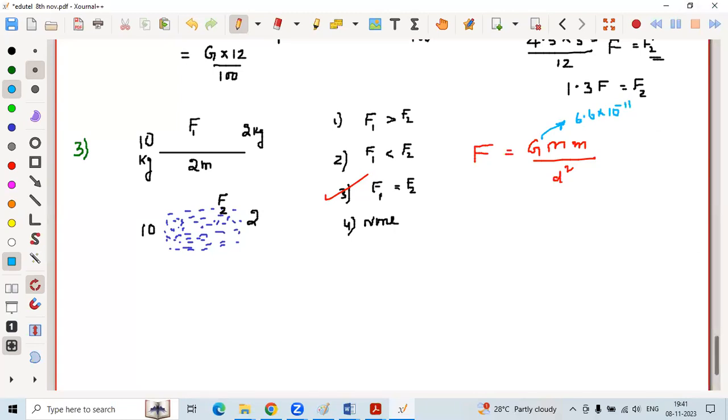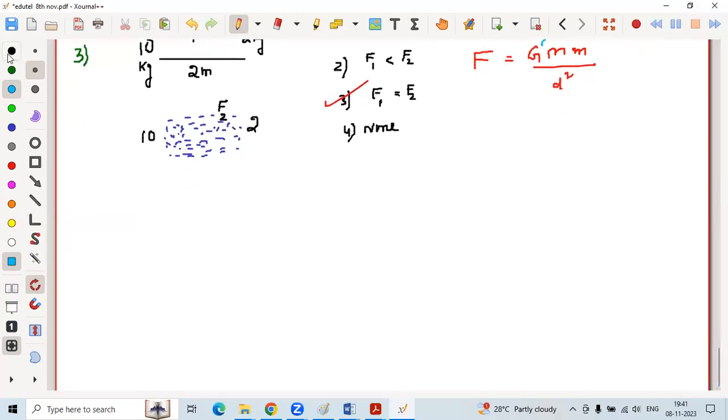Okay. Now, fourth question. This is moon, this is earth.